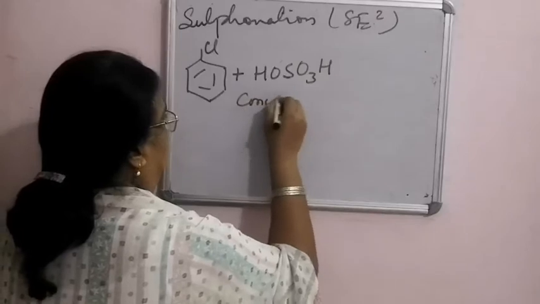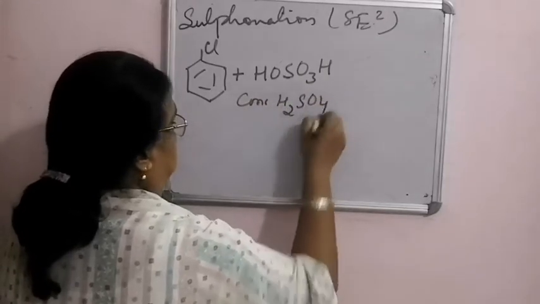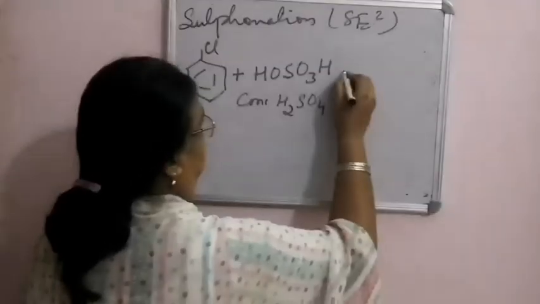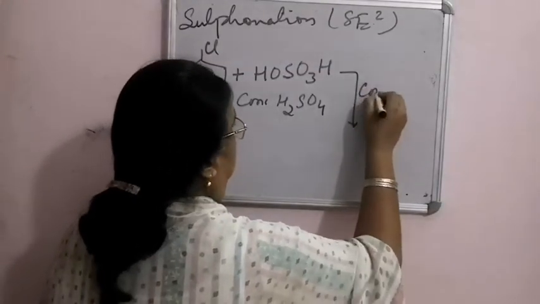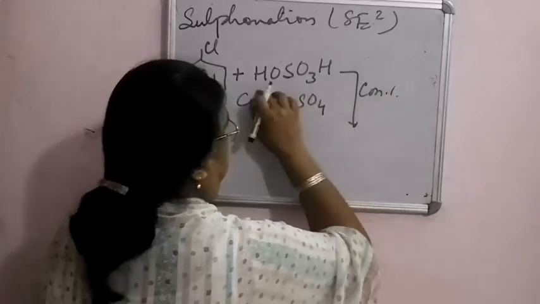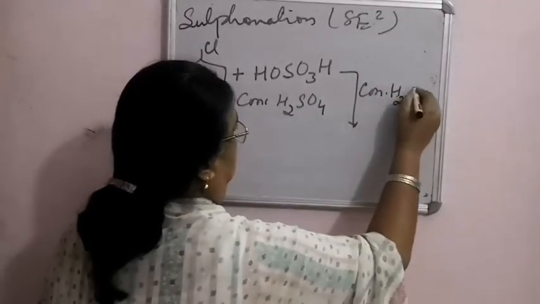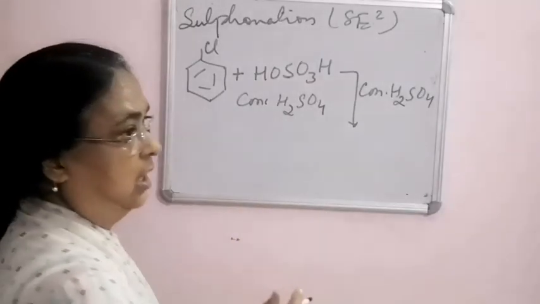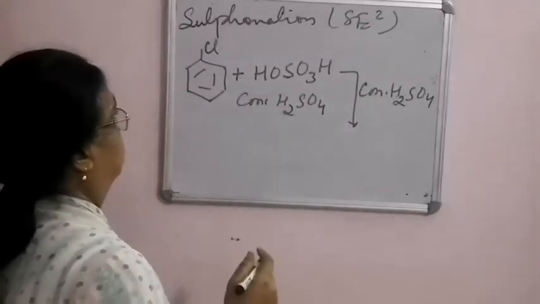This is conc H2SO4. Conc H2SO4 will play the role of Lewis acid, so we will need two molecules. One molecule will be used as addendum and the other molecule will play the role of Lewis acid. This also you have done in class 11 mechanism portion.